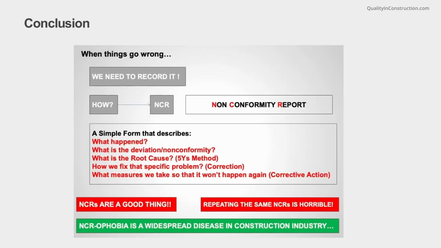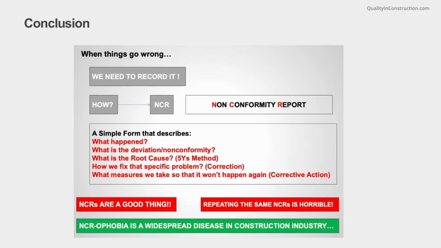NCRs in construction are some of the most important tools to manage quality control and even quality assurance, and basically to have a record for future reference in terms of learning a lesson in order to avoid similar mistakes and lapses. It is also a requirement of the ISO 9001 standard and a fundamental tool for continuous improvement for any construction company.